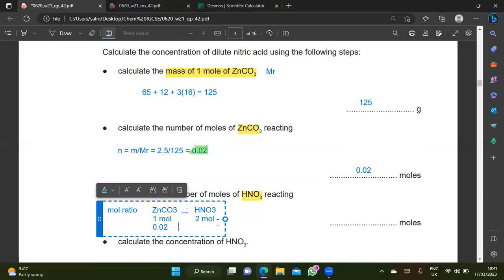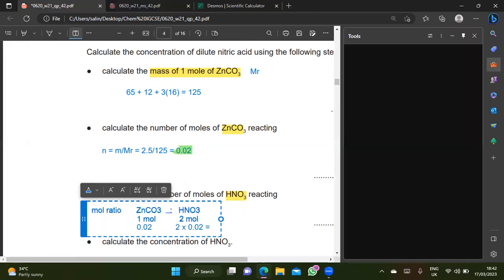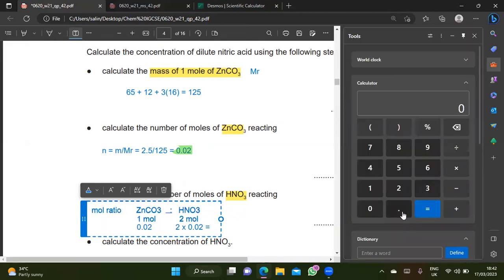So if that is the case, from here we can use the mole ratio to compare. If 1:2, if we got 0.02, meaning this one you have to multiply by 2. 2 times 0.02. Just calculate using your calculator. You have to show the calculation here.